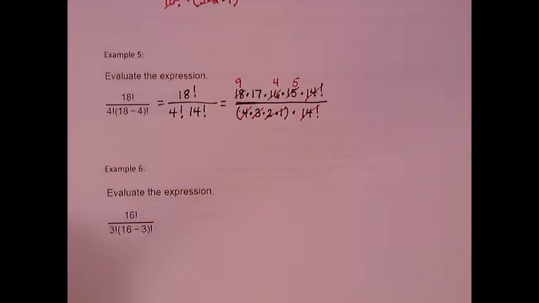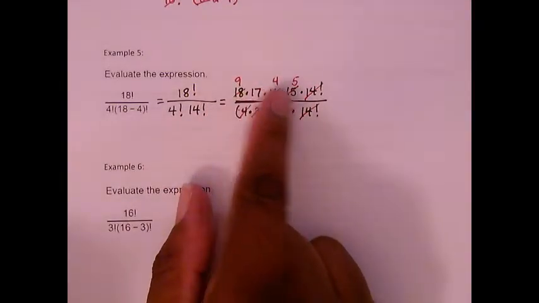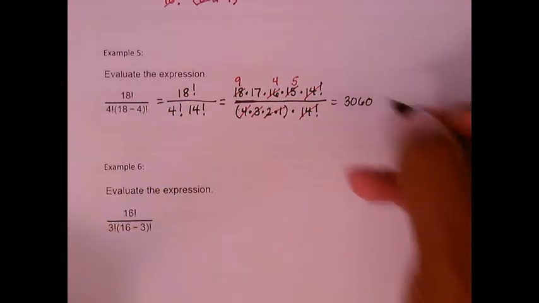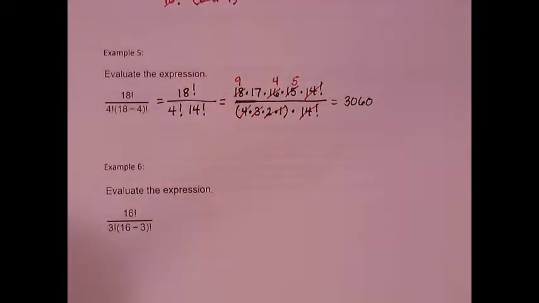So you might want to do some cross dividing as much as you possibly can. I'm going to be left with 9 times 17 times 4 times 5. You'll end up with 3060. And that will be the final answer for that expression.